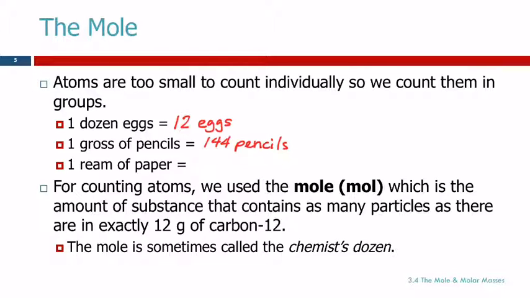We often measure paper, like you might need for your computer printer, by the ream. What is a ream of paper? 500 pages. So a ream of paper is 500 pieces of paper. Or sheets, I guess we would call it. It's a counting number. Okay?